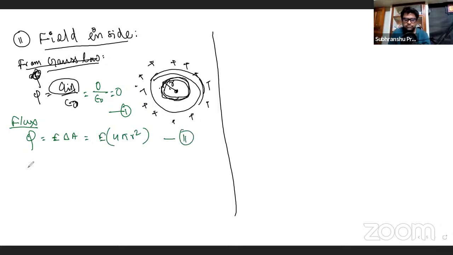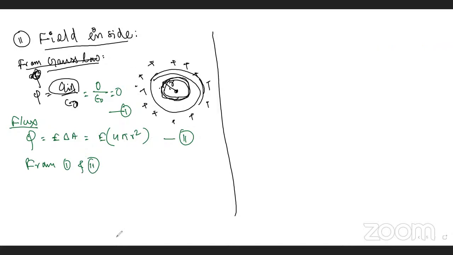So from 1 and 2, same procedure we will follow. What can we write? That E 4 pi r square is equal to what?